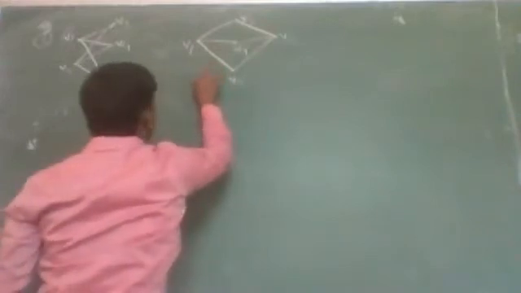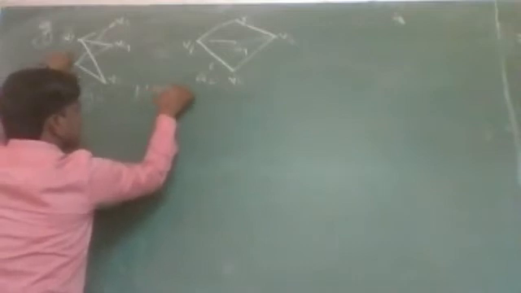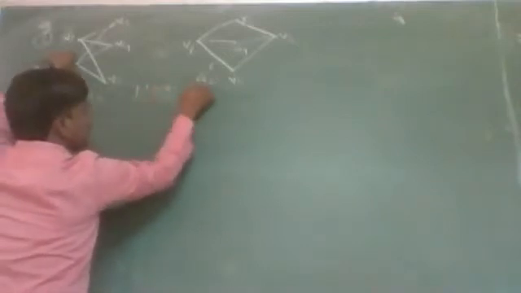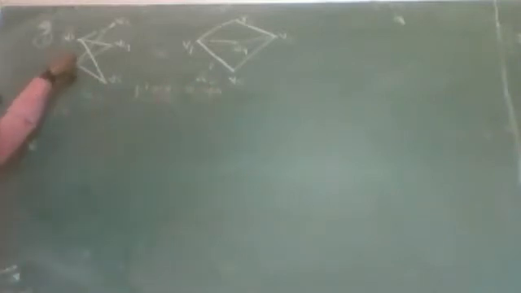This one is the G2 dash, and this graph G2 dash is a planar graph. So by this, graph G2 is also a planar graph. Next example.